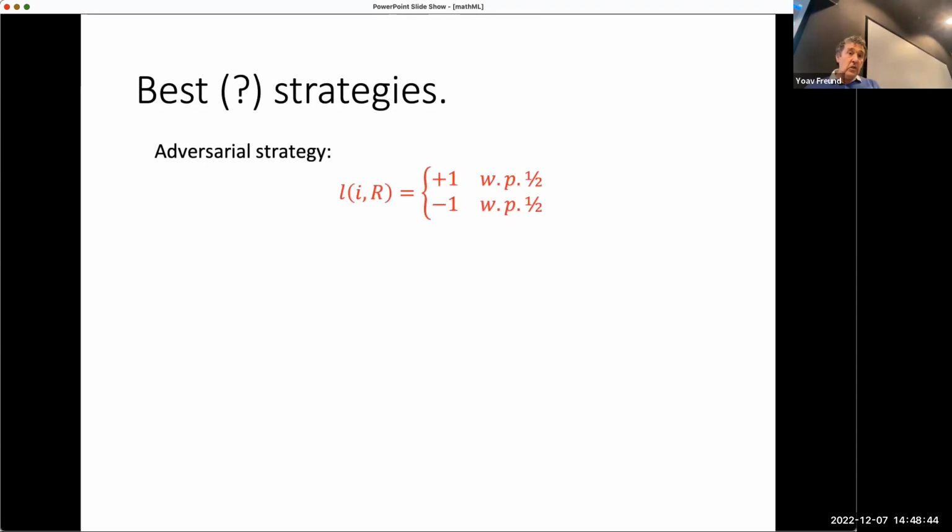So here are the strategies for this game, which I call the integer time game. Basically, the adversary just chooses loss +1 or -1 with probability half. And you see here that it's equalizing, right? Because if you do that, it doesn't really make any difference. The loss of the experts or the loss of the learner will be 0, whatever they do.